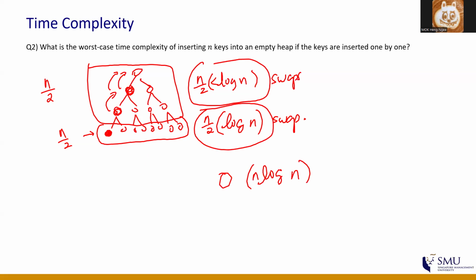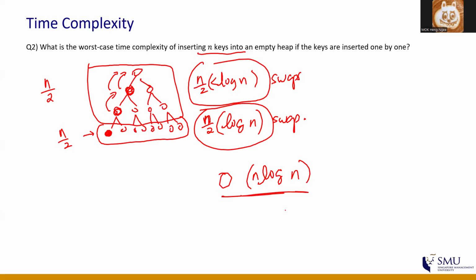I forgot this thing: n over 2 times log n number of swaps. So the worst case time complexity to insert n keys one by one into an empty heap is O(n log n). It's an upper bound, worst case.